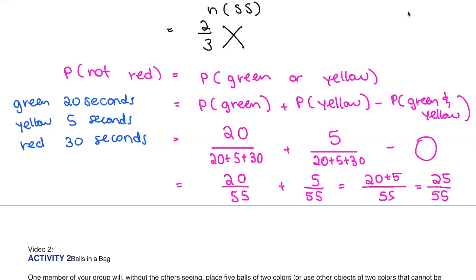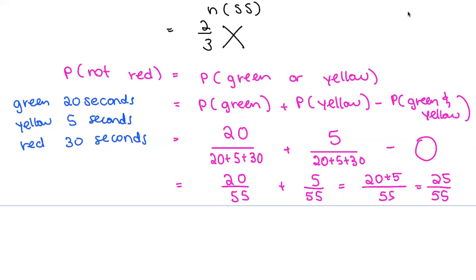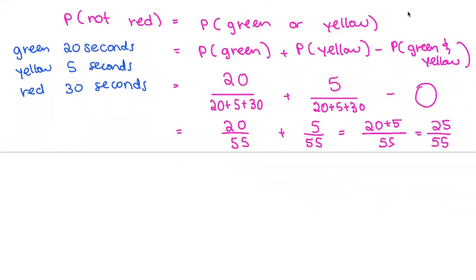Let me add in a page here and look at this problem in another way. So we just talked about looking at the probability of not red as probability of green or yellow. There's another way that we could calculate this.